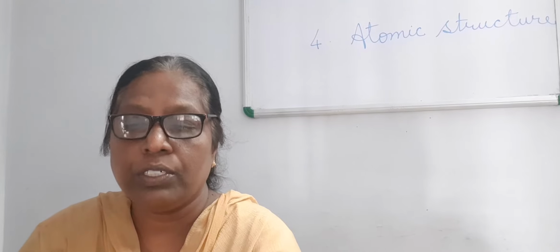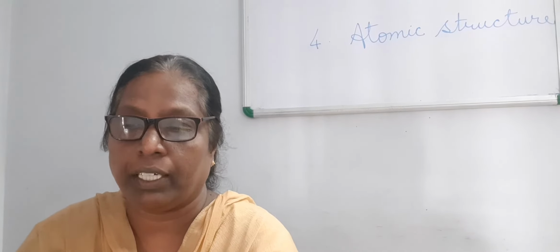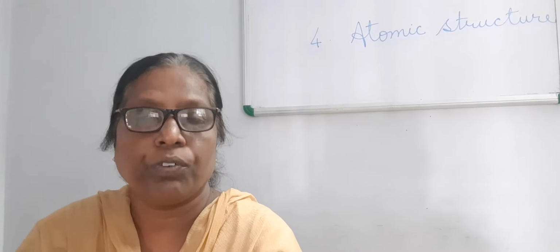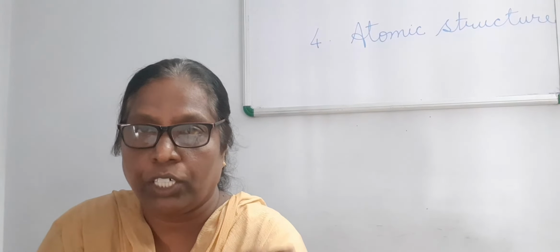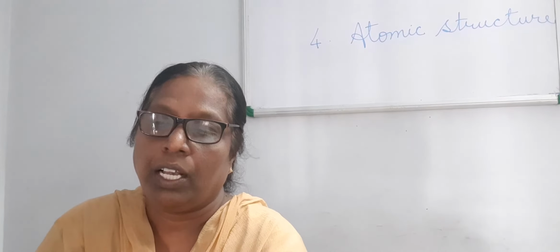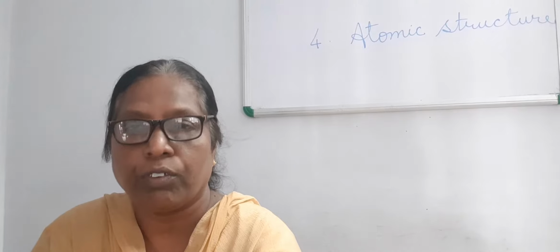Now, Rutherford's nuclear model of atom. Based on the results of alpha particle scattering experiments, he proposed the nuclear model of an atom. Thomson put forward the plum pudding model, and Rutherford used the results of the scattering of alpha particles.